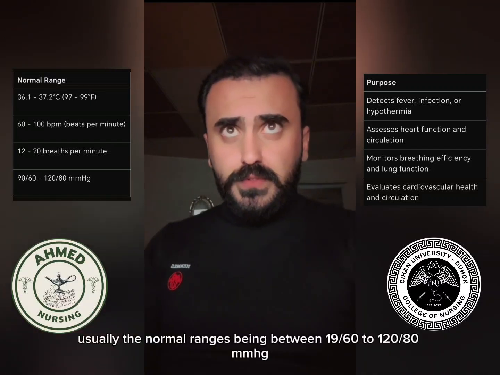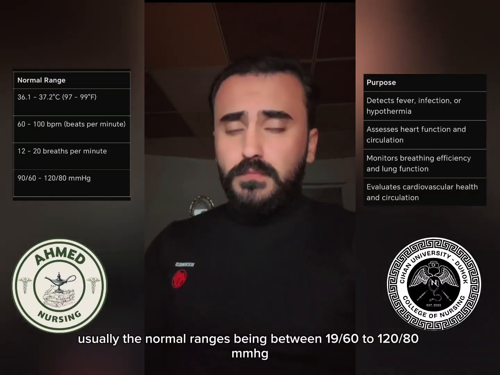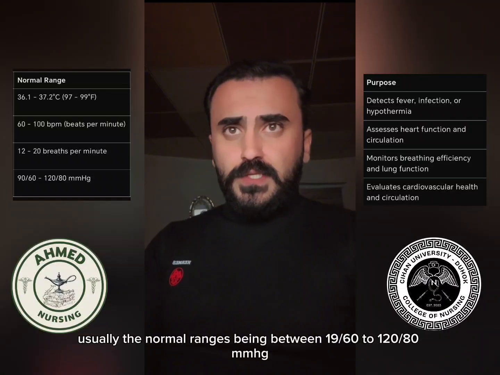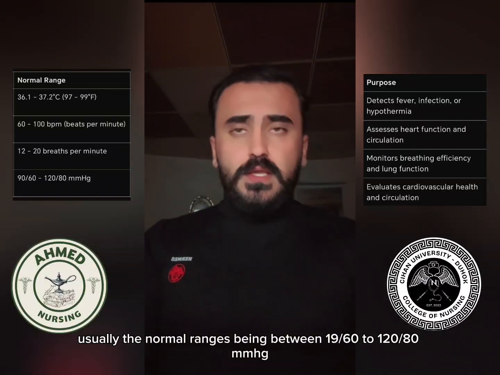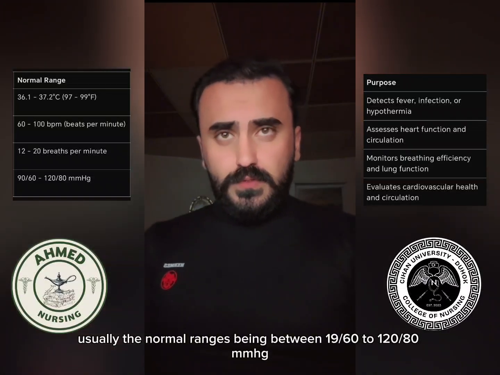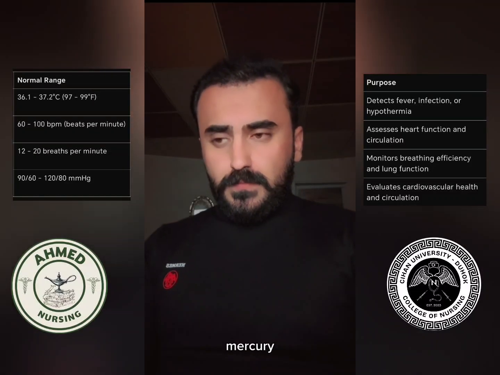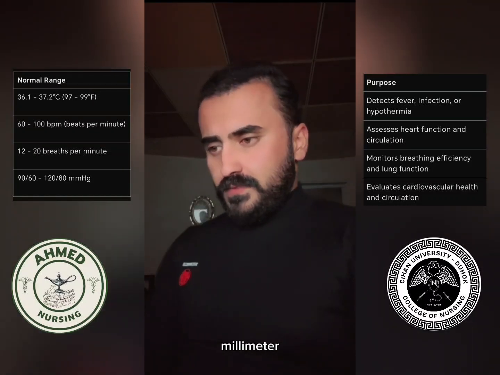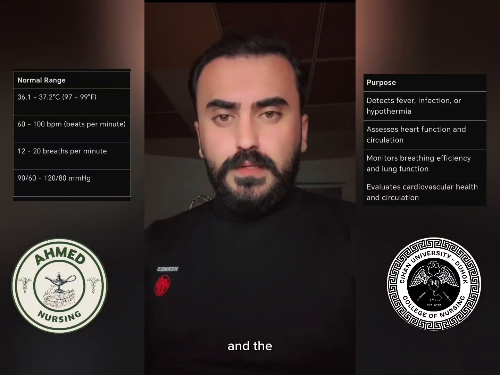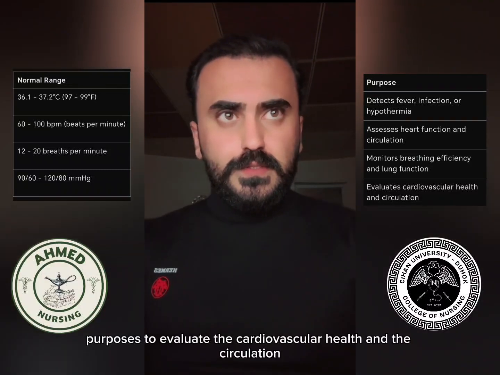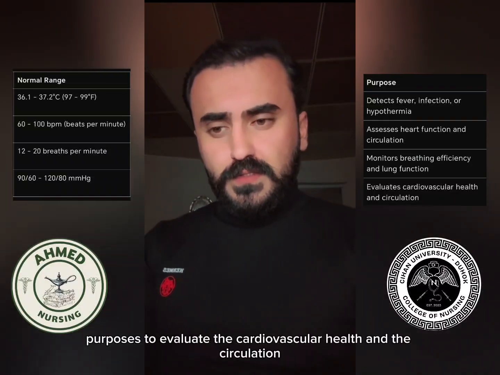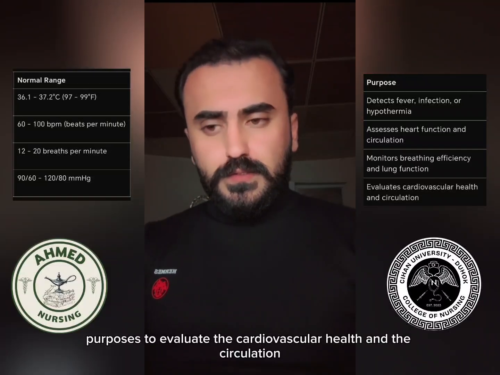Usually the normal range is between 90 over 60 and 120 over 80 millimeters of mercury. The purpose is to evaluate cardiovascular health and circulation.